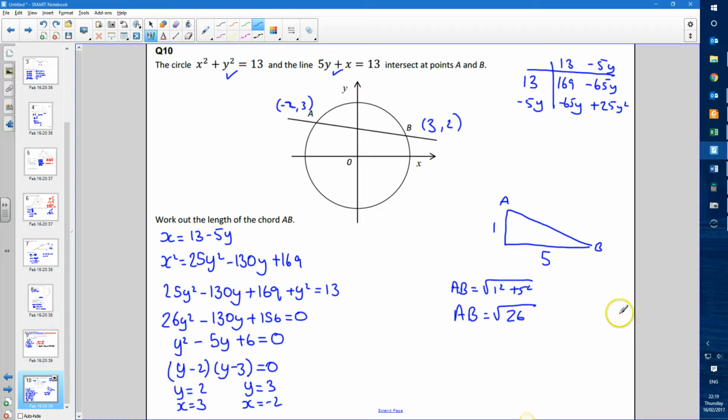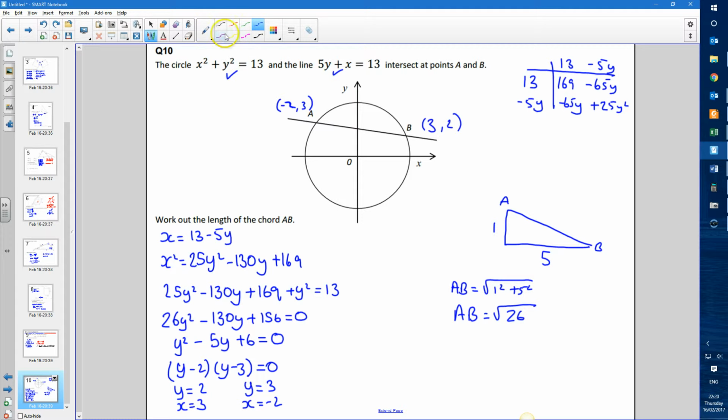And the square root of 26. And we could, if we wanted to, use our calculator, but we can just say that the length of the chord AB is equal to root 26. There aren't any units here, it's not in centimetres or metres or anything like that, so we can just leave it as a value of the square root of 26.